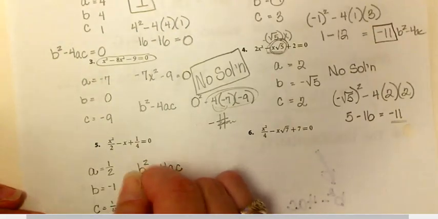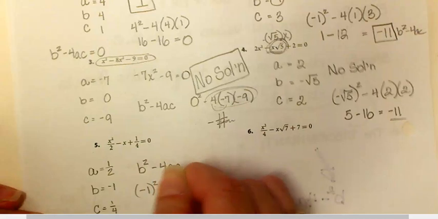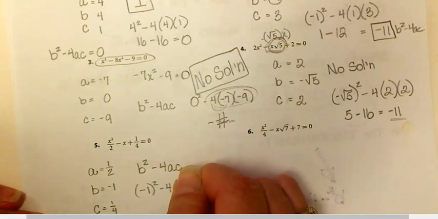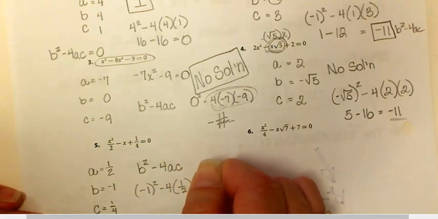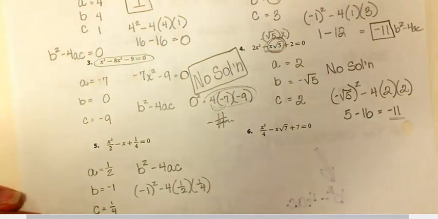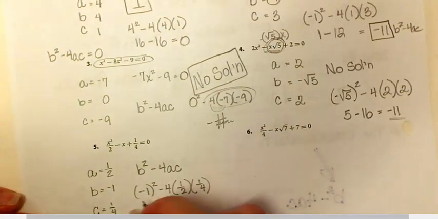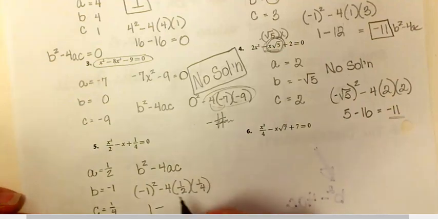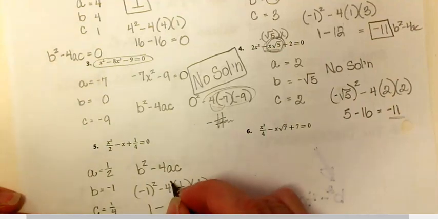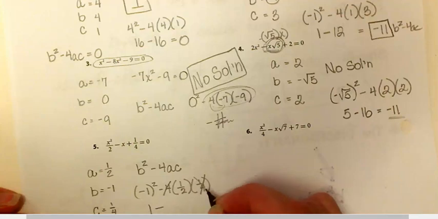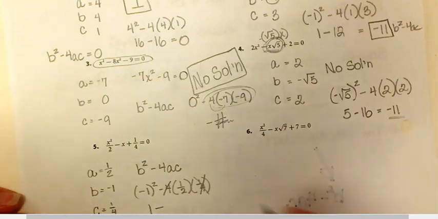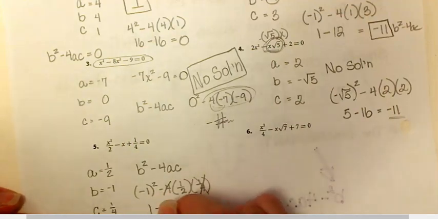Negative 1 squared minus 4 times 1/2 times 1/4. Negative 1 times negative 1 is 1. I'm going to say negative 4 times 1/4 because those two combine for 1. So it's 1 minus everything that's left is 1/2.